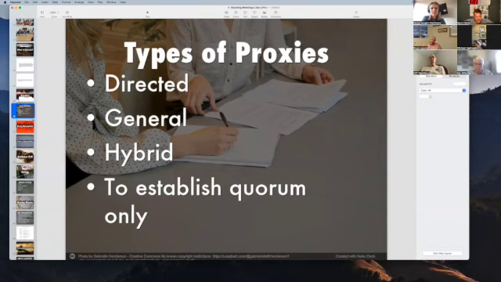I'm telling him how to vote. That's one way to do a proxy. Another way is just a general proxy, which would say, I, Kevin, can't attend the meeting. Bruce can go on my behalf and vote on any issue that arises during the meeting in any way Bruce sees fit. And you could also have a hybrid proxy where some things are directed, some are general. You can also have a proxy for the purpose of establishing quorum only.